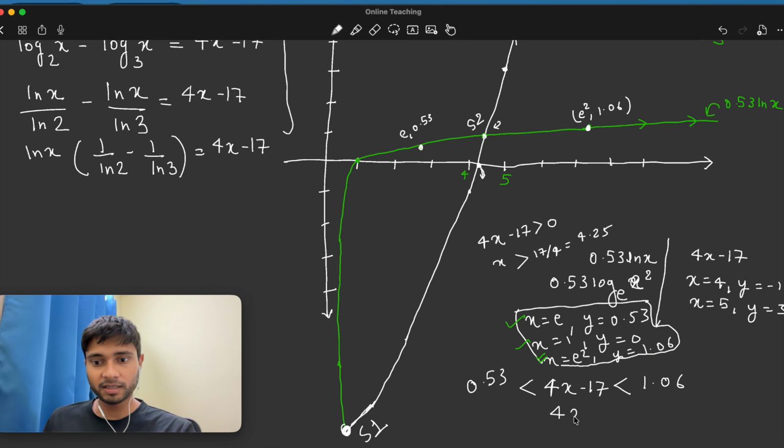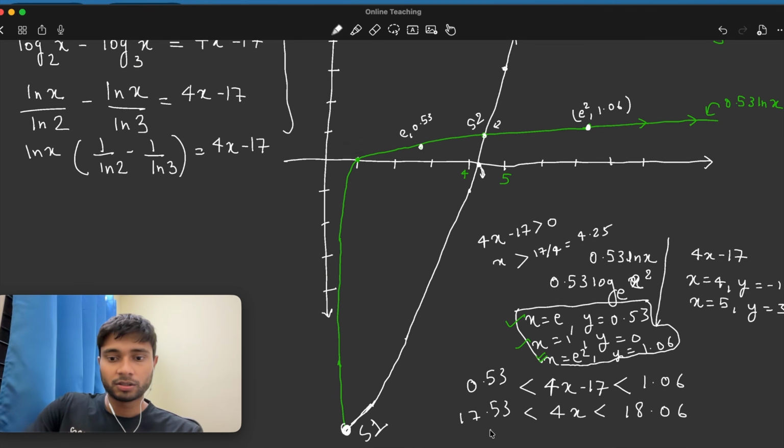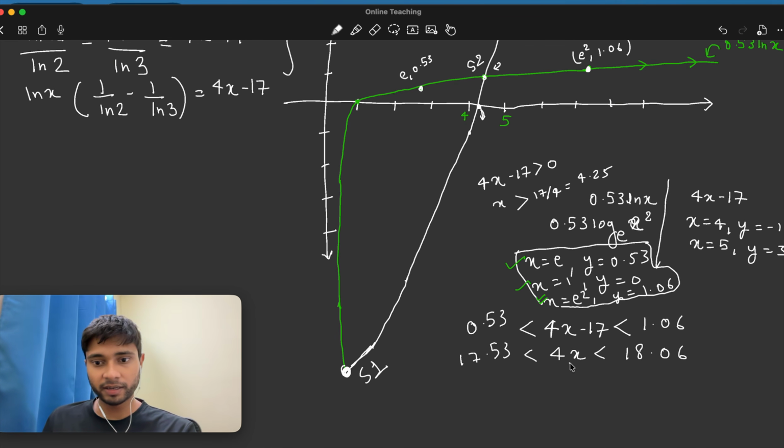If we solve this, it will give you 4x, and if we further solve it, x should be less than 4.5. 4 4s are 16, 4 3s are 12, 4.37.